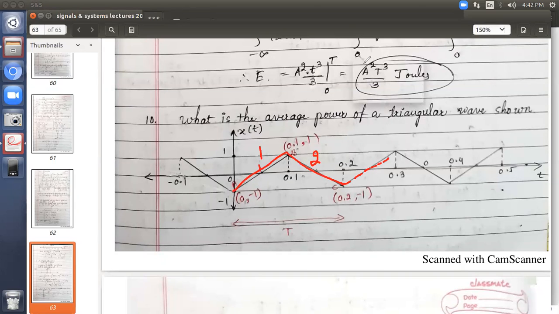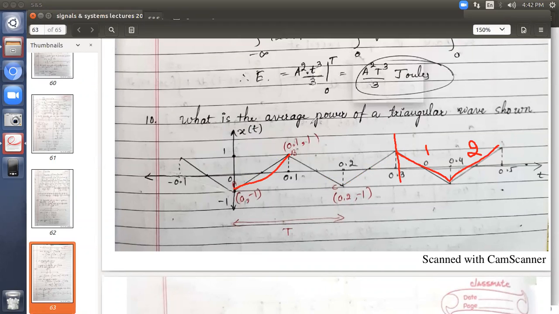However, you can start at any point. You can take this as your first line, this as your second line, and calculate. The answer will remain the same. But it's a standard thing, start from 0. Anyhow, the combination of lines will give you the triangular wave.